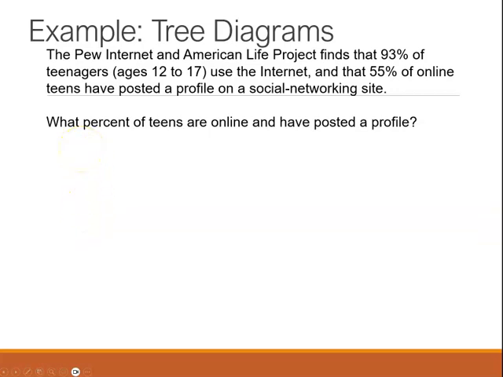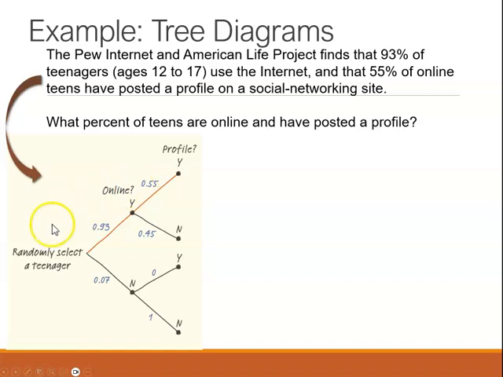The Pew Internet and American Life Project finds that 93% of teenagers use the internet and 55% of online teens have posted a profile to a social networking site. What percent of teens are online and have posted a profile?